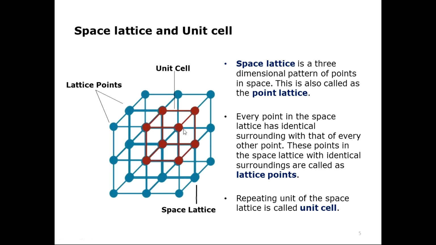So the points in the space lattice with identical surroundings are called lattice points. All these rounded components, 1, 2, 3, likewise, we call lattice points or point lattice. And together, where these points are arranged in a regular fashion, is nothing but the space lattice.